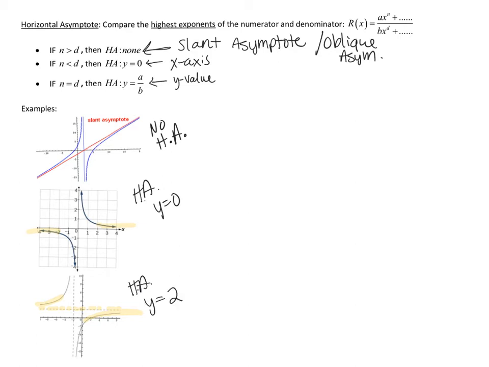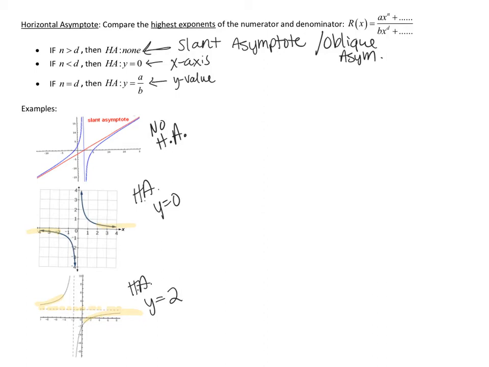So graphically, I can look at them and tell what's going on. If instead I had an equation, then I'm going to want to compare the highest exponents of the numerator and the denominator. Remember that when we first started looking at a rational function, we said a rational function has a polynomial function on the top and a polynomial function on the bottom in the denominator. A polynomial function can be described by its leading coefficient.